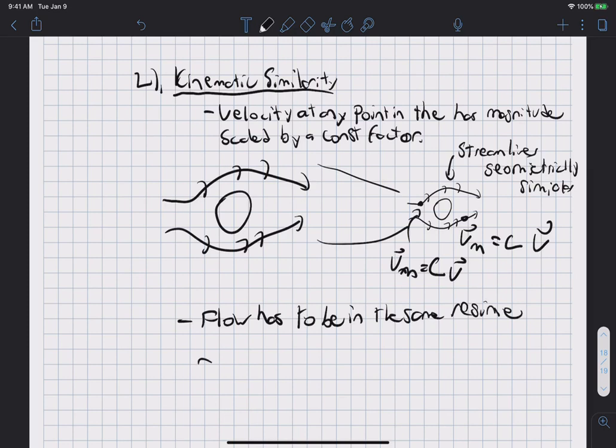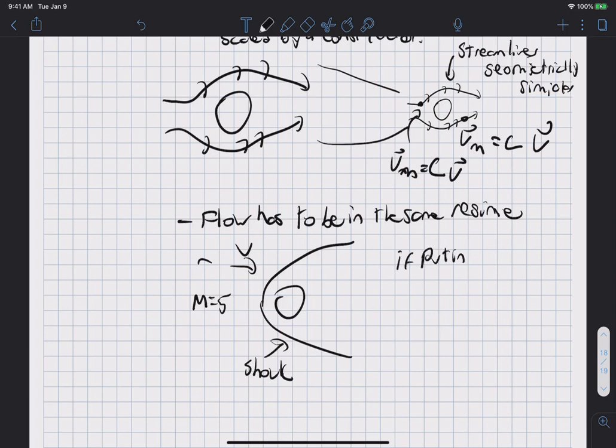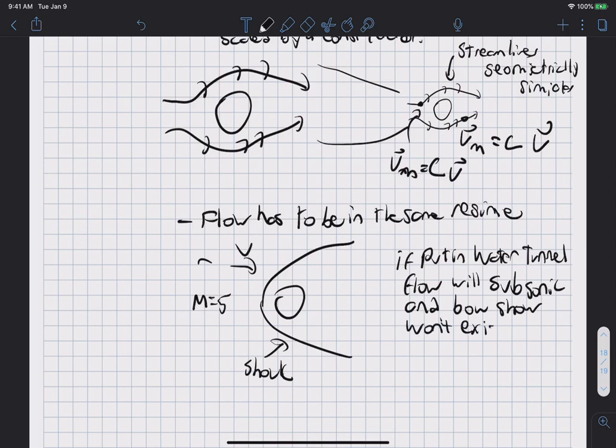Okay, so for example, if you want to measure the drag on a supersonic sphere, say you have a Mach 5 flow going over a sphere, and you have a shock and a velocity v going in, well, you can't put this in a water tunnel and measure the drag force on this object, because if you put it in a water tunnel, the flow will be subsonic and the shock won't exist.